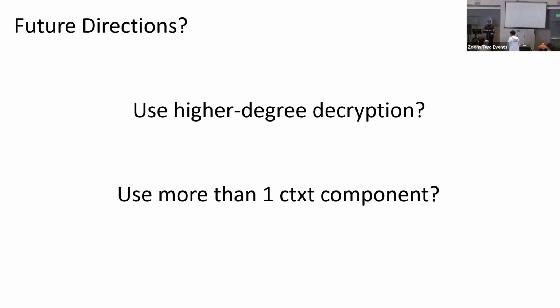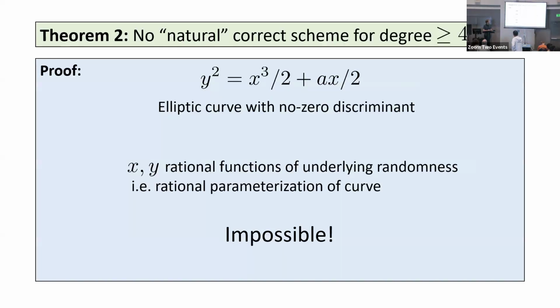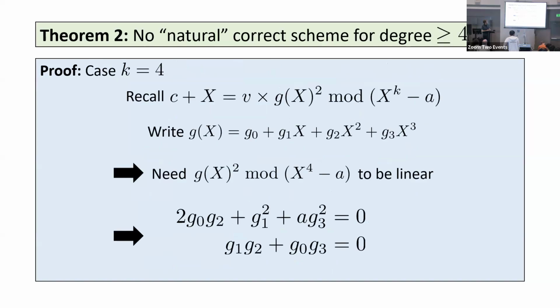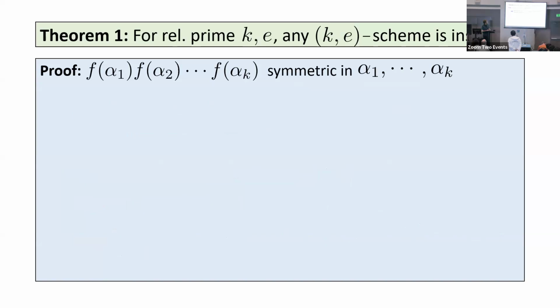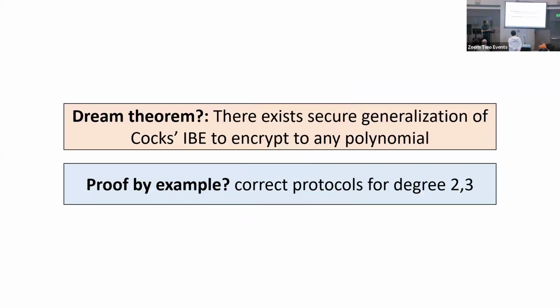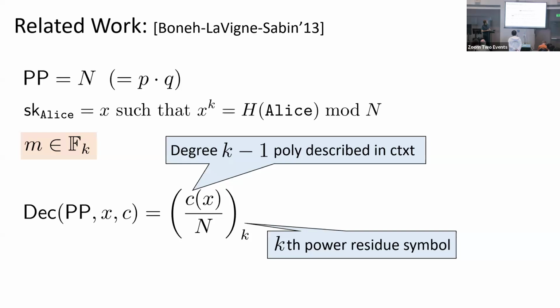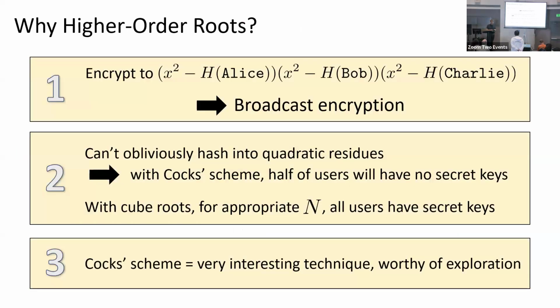Thanks. This is probably a very elementary question, but if you go back to one of your early slides where you had the three things that you noted about Cox encryption, in point number 2, which was about the quadratic residues, if you just define your hash function to be MD5 squared, don't you just avoid that?